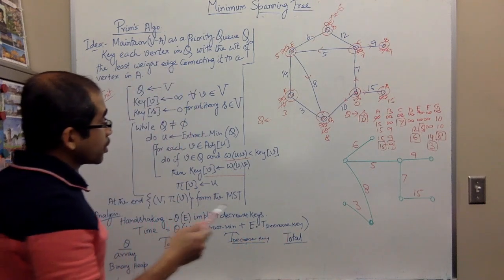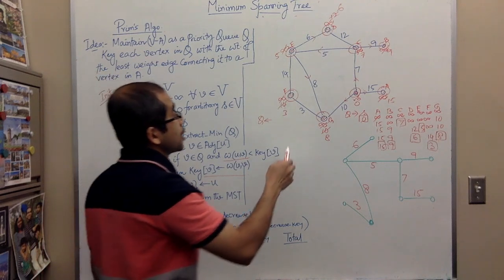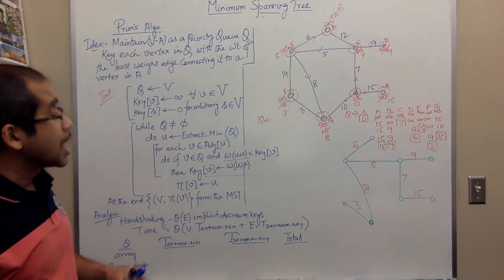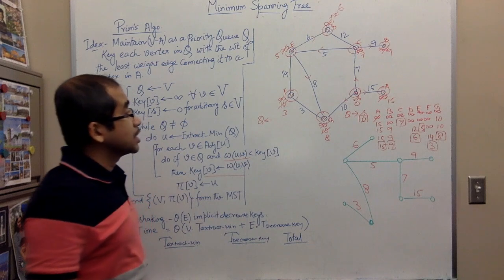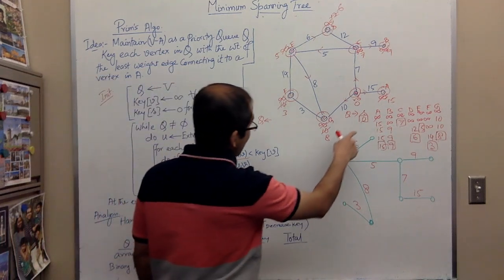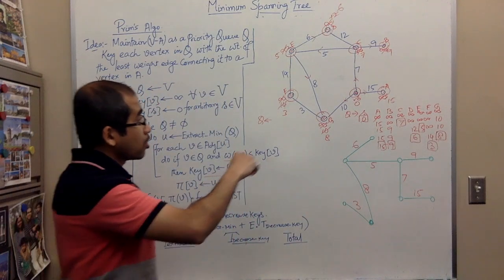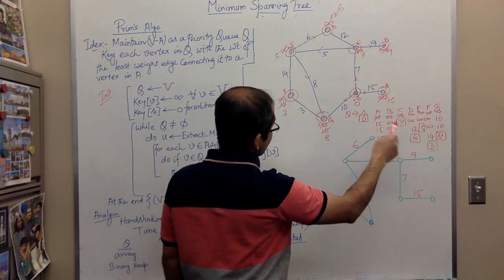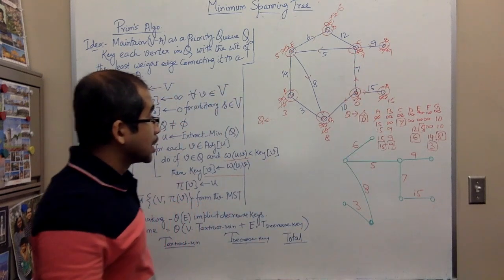So here we have shown how Prim's algorithm works. It's not very difficult. You see there will be a priority queue, and you add all the elements in the priority queue initially and give them a key value of infinity, and then you take out any arbitrary node and set the key value to be 0 as the starting node, and from that node you see what are all the other edges going out, and you change their distance estimate from infinity to the edge weights connecting them with the source vertex.